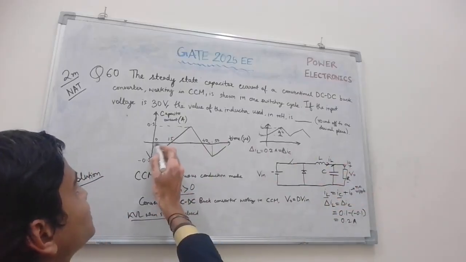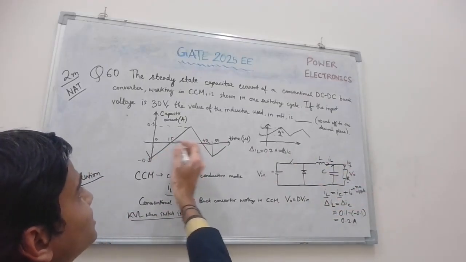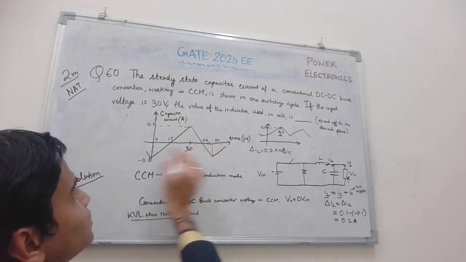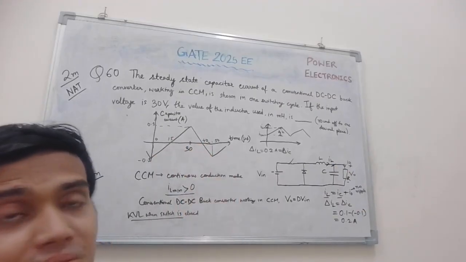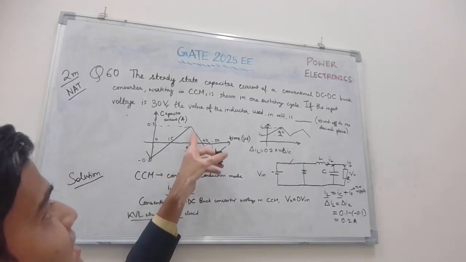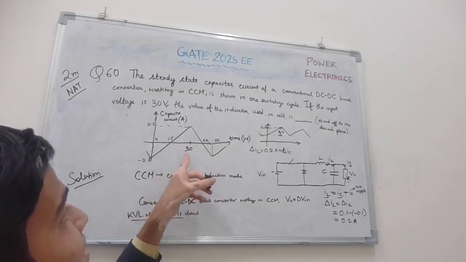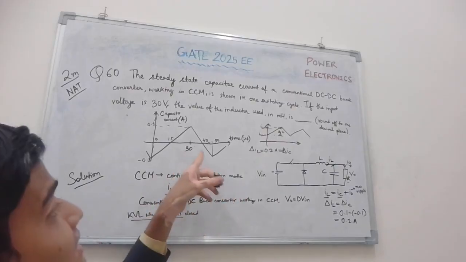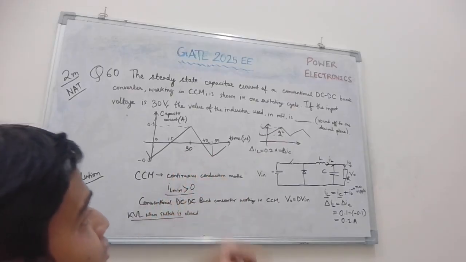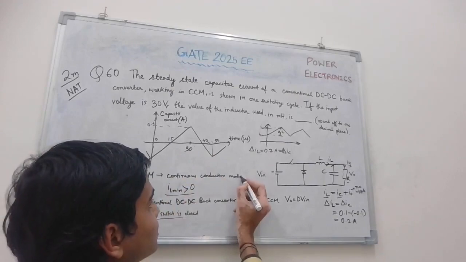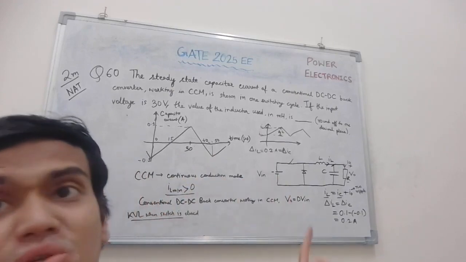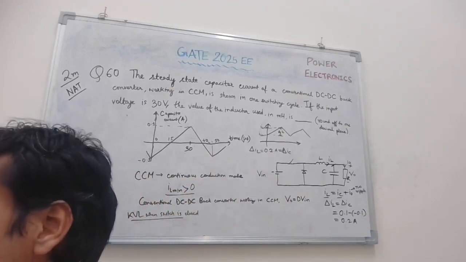The waveform is increasing from 0 to 30 microseconds, so 30 microseconds is the increasing current. Then it is decreasing from 30 to 50. The total cycle is 50 microseconds. Only in the increasing part does the switch remain closed.